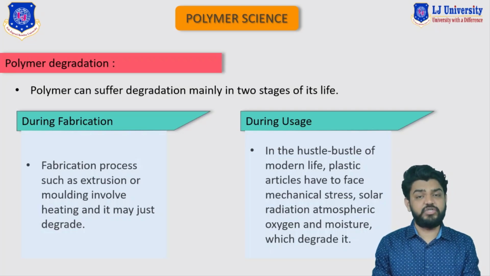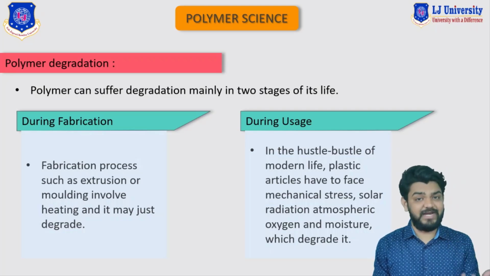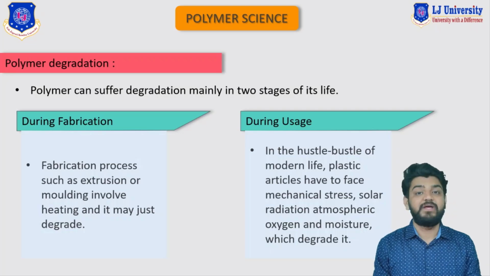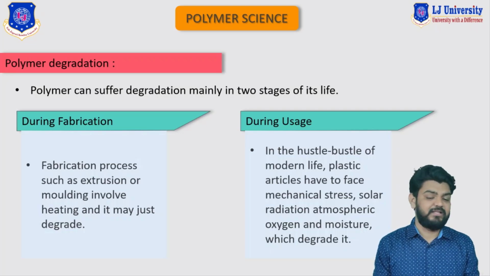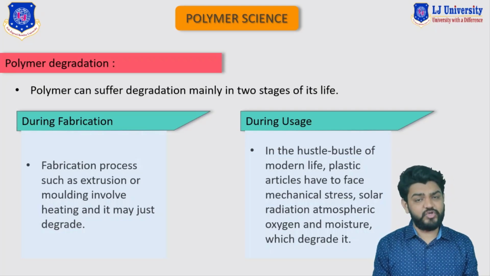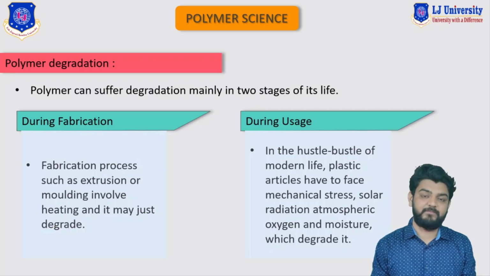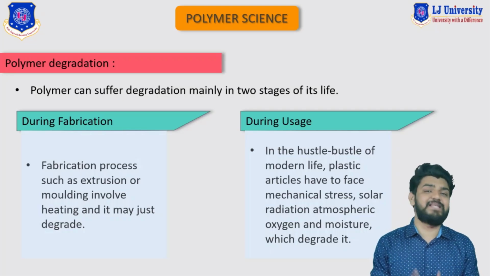So during this use, it has to face some mechanical stress. Then it also has to face solar radiation. Sometimes oxygen from the atmosphere can also decompose, or degrade, our polymers. Then there is moisture, which is always present in the air, which also affects the polymer life and degrades the polymer.